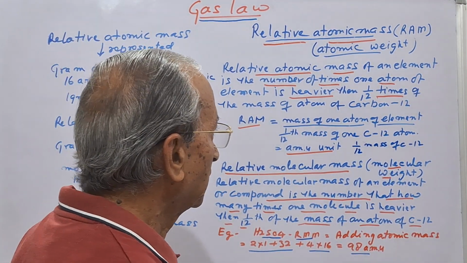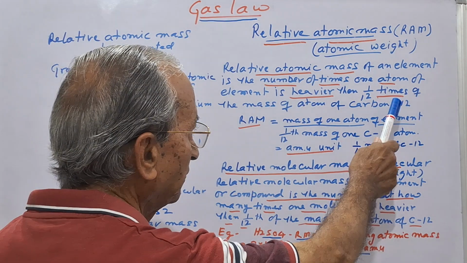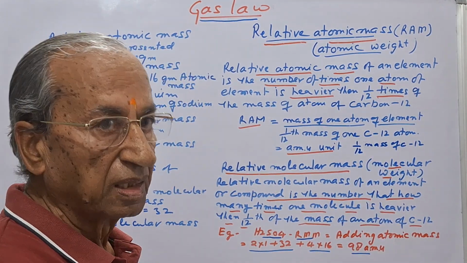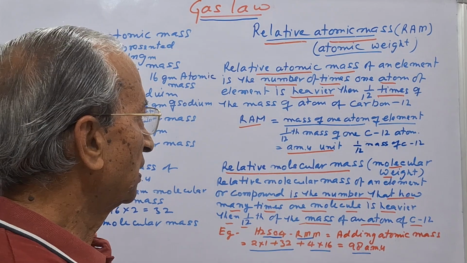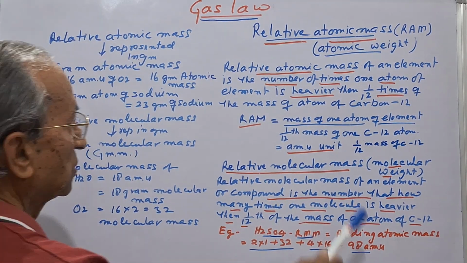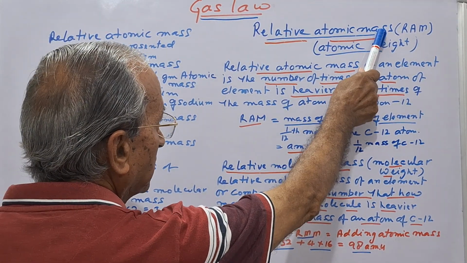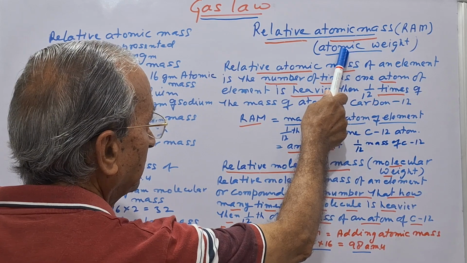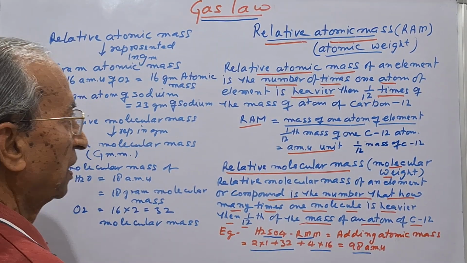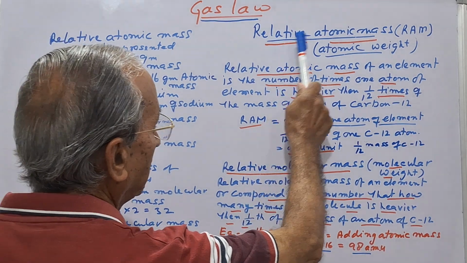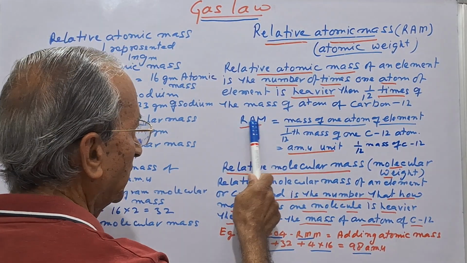And it was found that the adoption of carbon 12 does not interfere in other properties of the atoms. So when the atomic mass of the atom is related to the standard one, then it is known as the relative atomic mass, that is RAM.